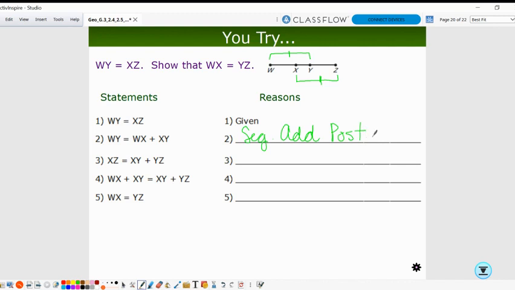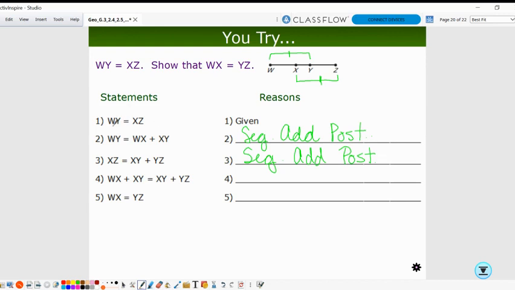And then we have that XZ is equal to XY and YZ. That's also your segment addition postulate. Now we have WX plus XY equals XY plus YZ. So we are substituting, or using that transitive property of equality.